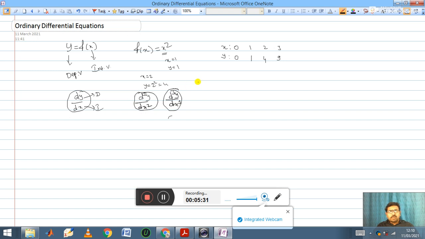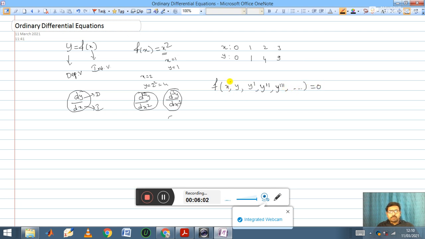In general we write f of x comma y, y dash, y double dash, y triple dash, and so on, equals 0.